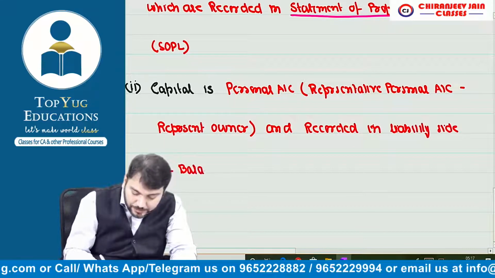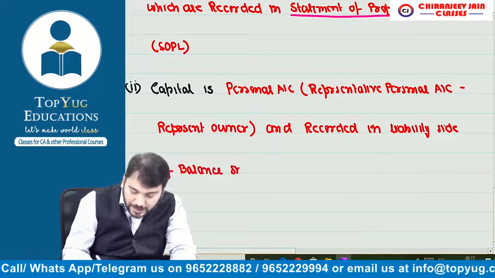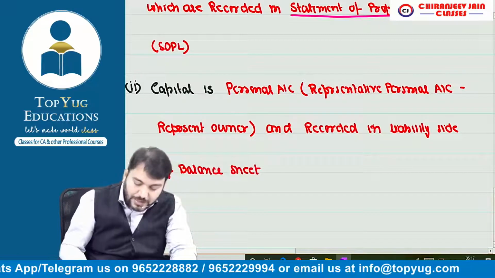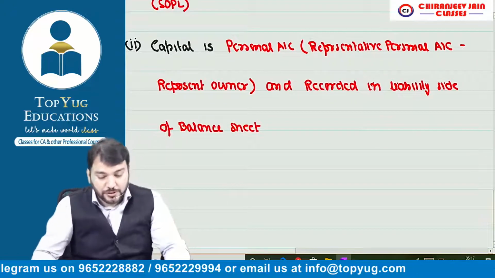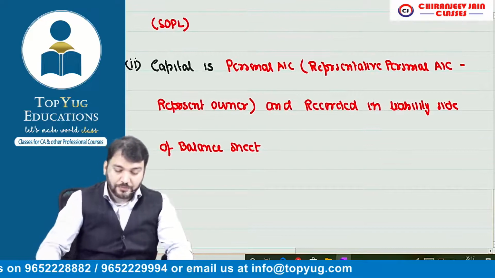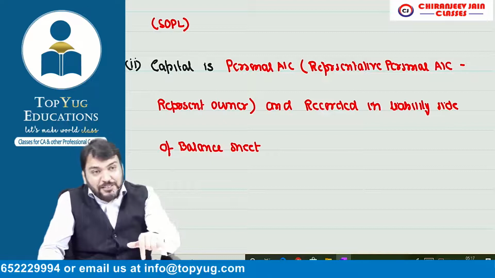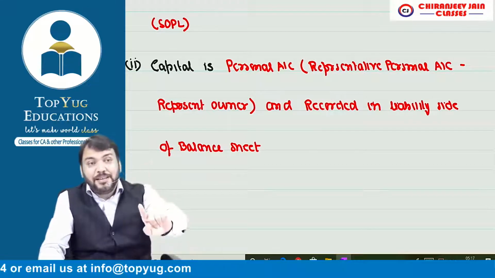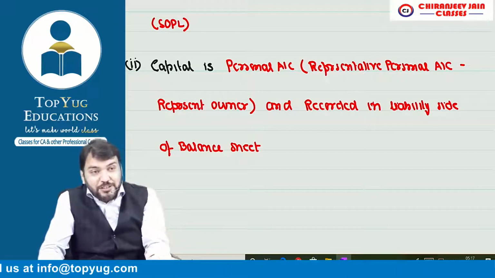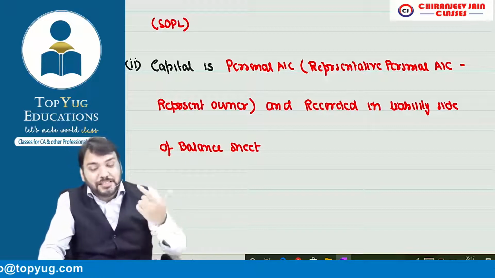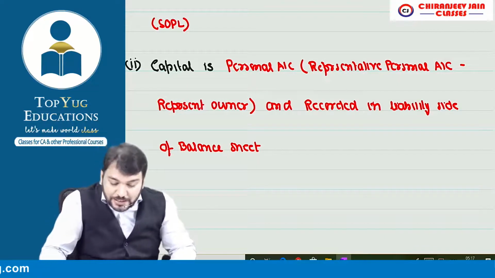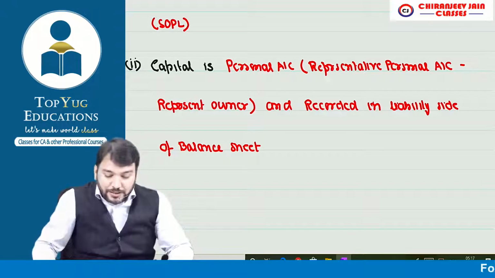Understood this point? So capital is a personal account because it represents Ram in my example. Ram is a natural person, so the capital account becomes a representative personal account. Understood.